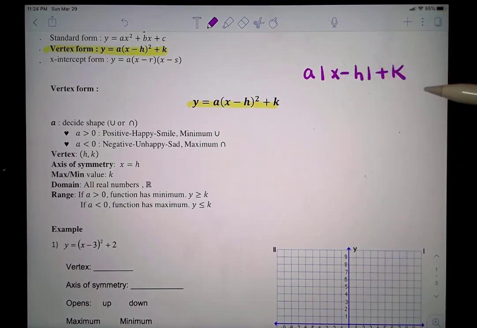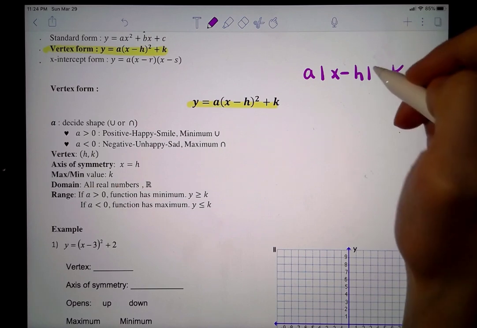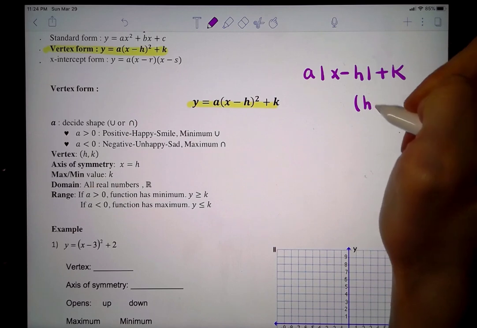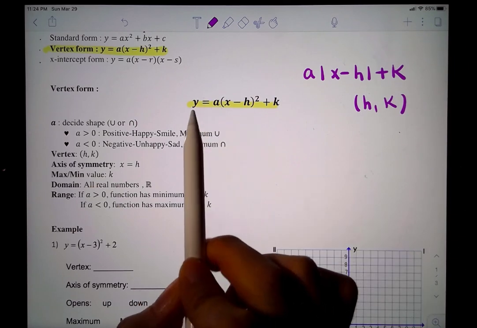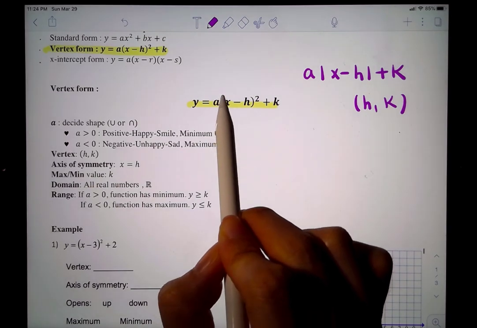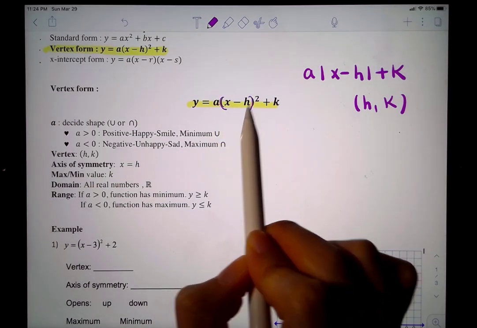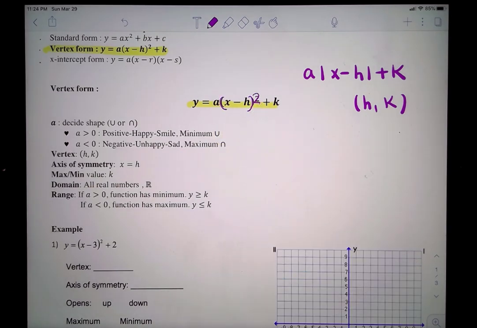So when you have an absolute value function, you know how to find the vertex. That was what? H, K, right? Same here. The only difference is you have parentheses with a square here because that's a quadratic function, okay?